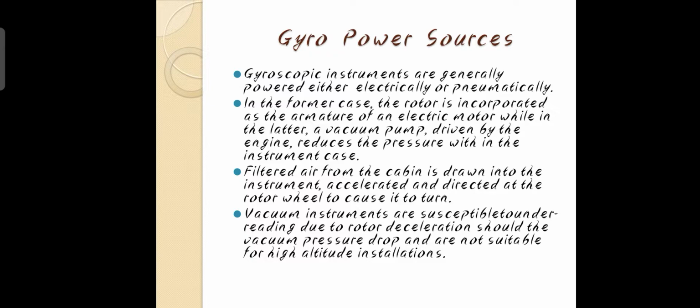Filtered air from the cabin is drawn into the instrument, accelerated and directed at the rotor wheel to cause it to turn. Vacuum instruments are susceptible to erroneous reading due to rotor deceleration should the vacuum pressure drop, and are not suitable for high altitude installations.